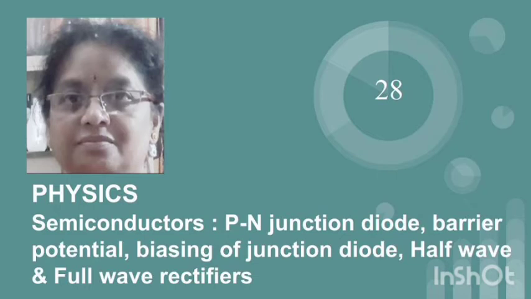The principle on which the diode is used as a rectifier is that the PN junction offers low resistance when it is forward biased and offers very high resistance when it is reverse biased to the flow of current.